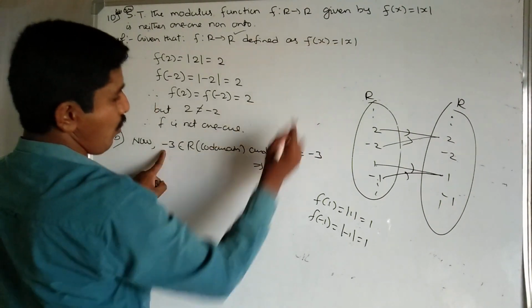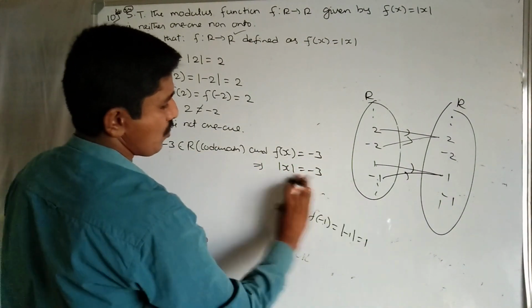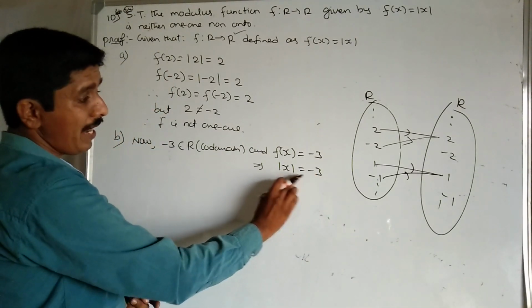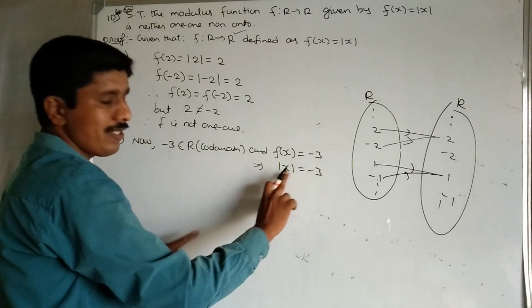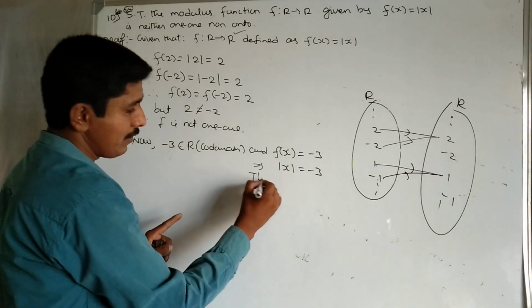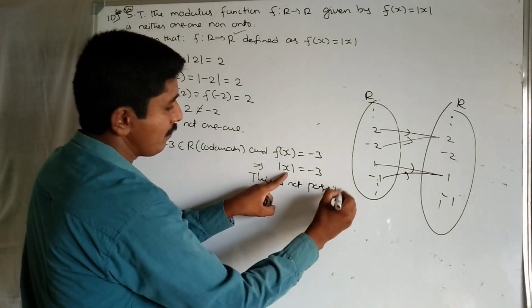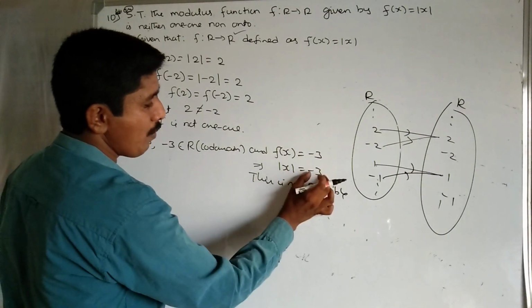Here f of x equal to modulus of x equal to minus 3. We know that modulus of x means non-negative, positive or 0. But here we have modulus of x equal to a negative number, which is not possible.